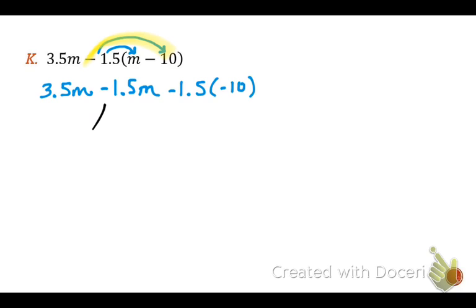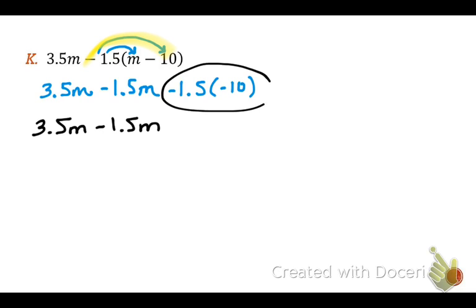Should I subtract first or should I multiply first? Multiply. We should always multiply first, okay? So we're just going to drop all this stuff down, 3.5m minus 1.5m, and now this is asking us to multiply. I have a negative times a negative. Is that going to be negative or positive? It's a positive because of my even and odd rule. That was 2, which is an even number, so it's going to become a positive.